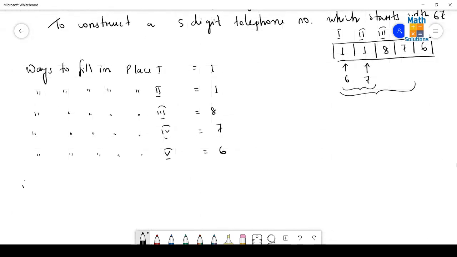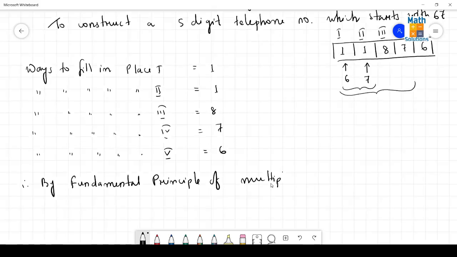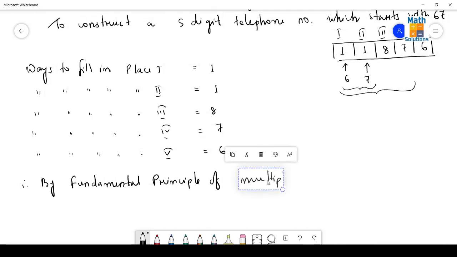So I have to write here, therefore by fundamental principle of multiplication, because it comes under the fundamental principle of counting only.